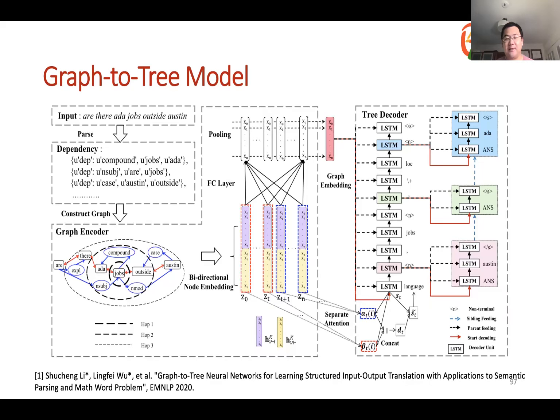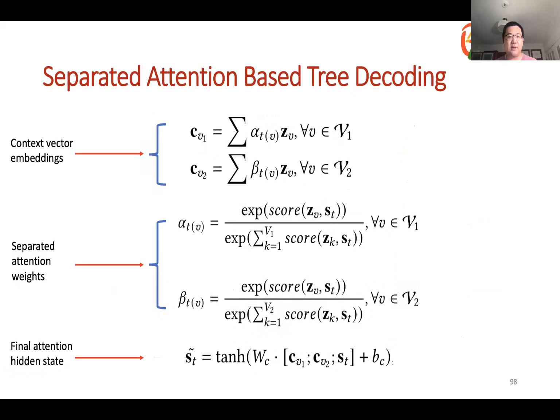Then we can put them together to generate the final context vector information, and then do the decoding. As we mentioned before, in decoding we consider both the sibling feeding and parent feeding, and all this information will be taken into account when we do the token decoding. We have shown that this is quite an important factor.